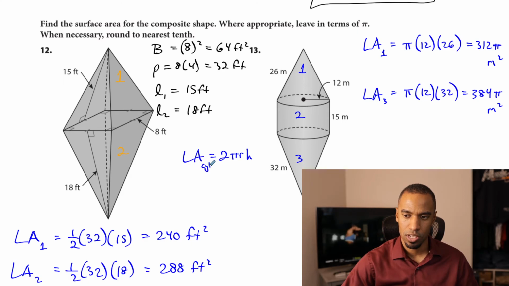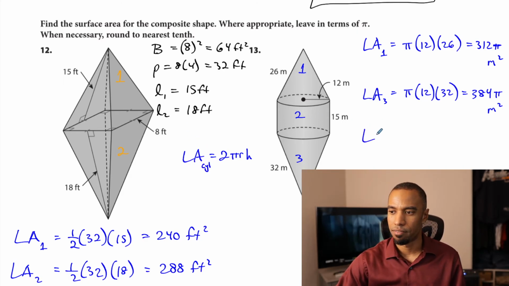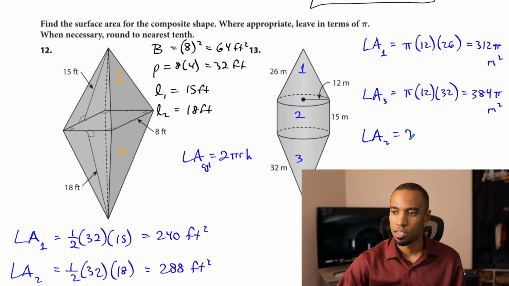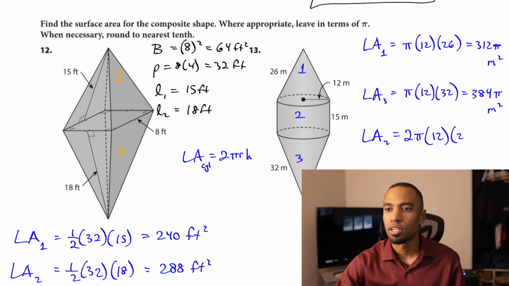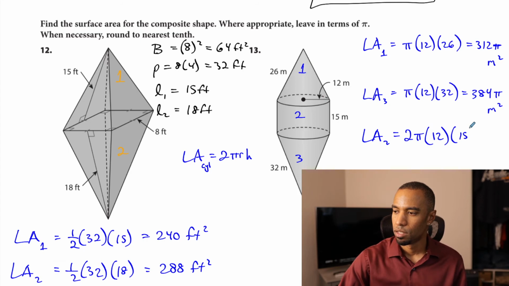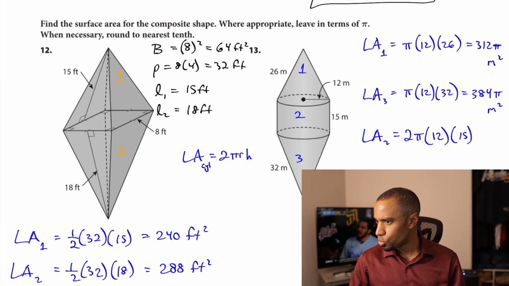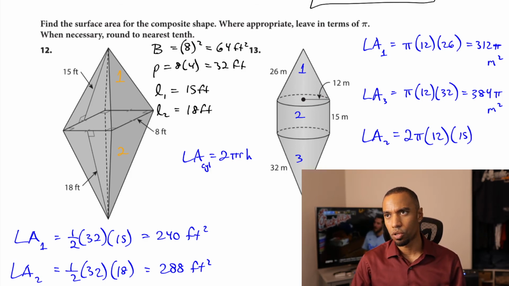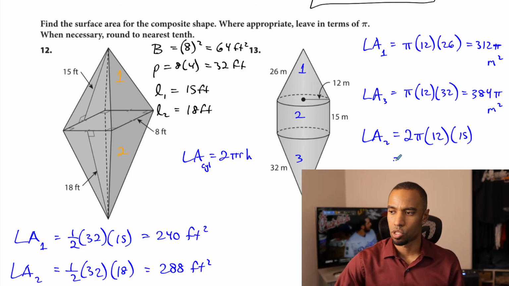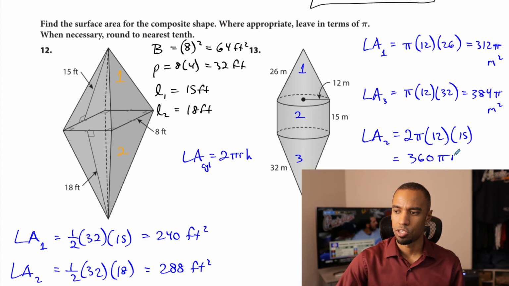This is for a cylinder. So the lateral area of the cylinder is 2 pi, r is the radius, 12, times the height, not 2, it's 15. 2 times 15 is 30, times 12 is 360. So that's 360 pi square meters.